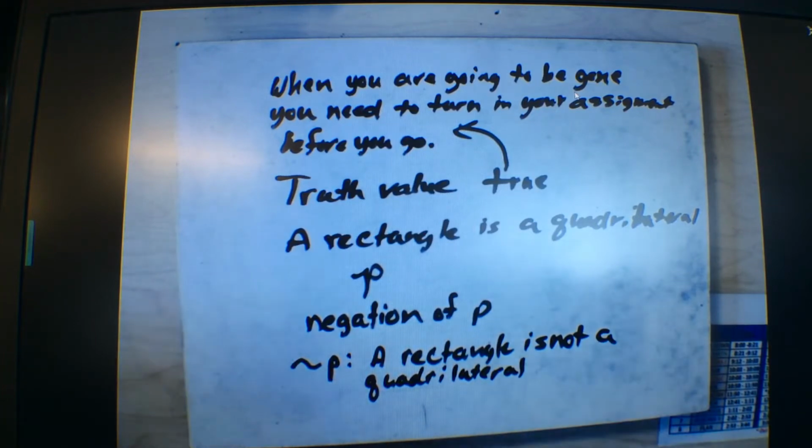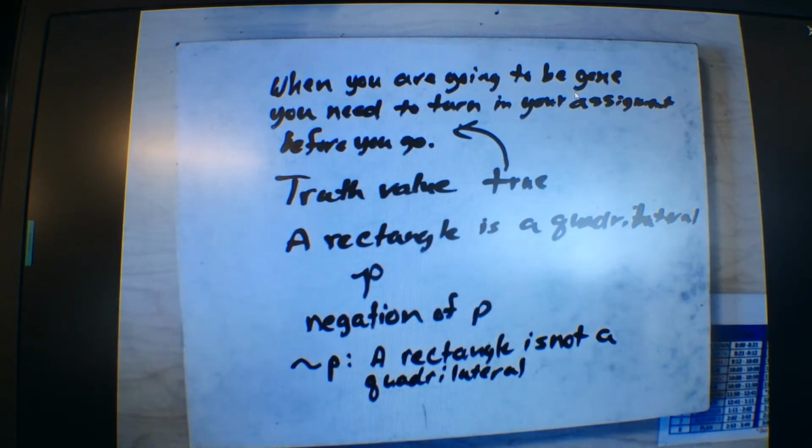Do you see the difference between the original and a negation? By putting the word not in, we negate what we said.